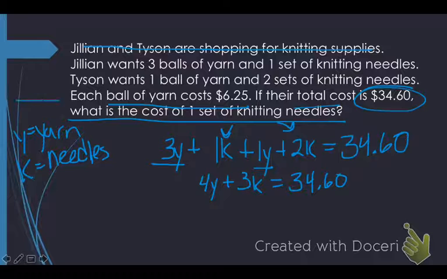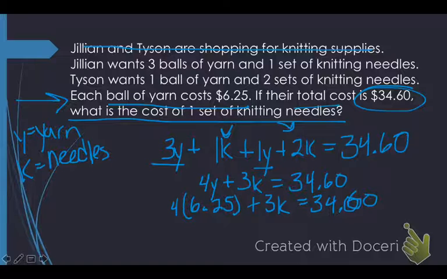I see then in my problem right here that each ball of yarn is $6.25, so I'm going to substitute that in for Y. 4 times $6.25 plus 3K equals $34.60. Okay. So I'm going to start by simplifying this. 4 times $6.25.